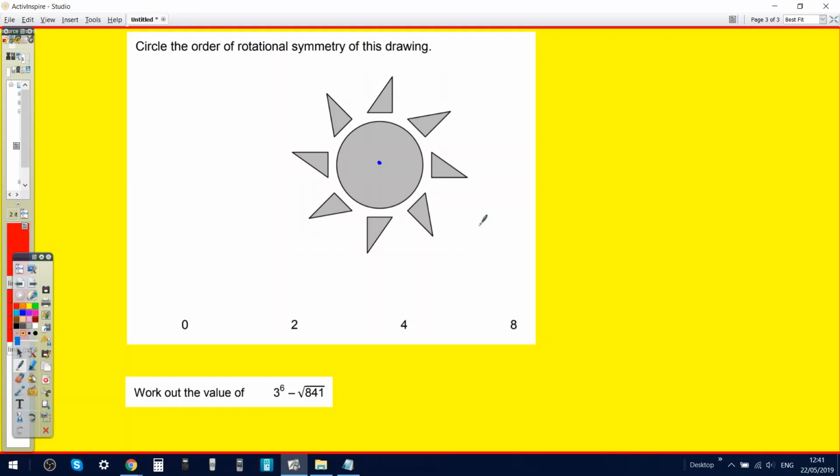Go back on top of the original shape. So is this a question of counting all the triangles along until it gets back to where you started? Yeah. So in that case it'll be 1, 2, 3, 4, 5, 6, 7, 8. It says 8. So if you were to rotate that one full turn, it would be its exact self 8 times. And that's called rotational symmetry.